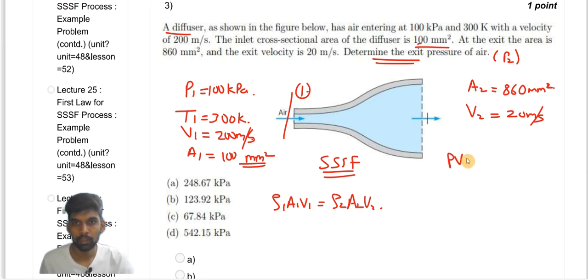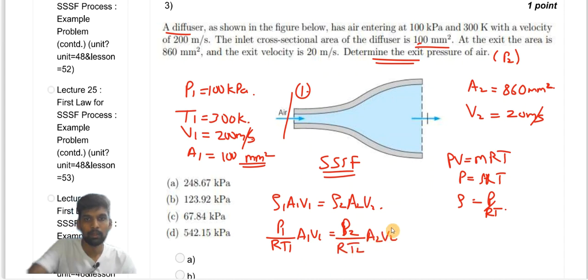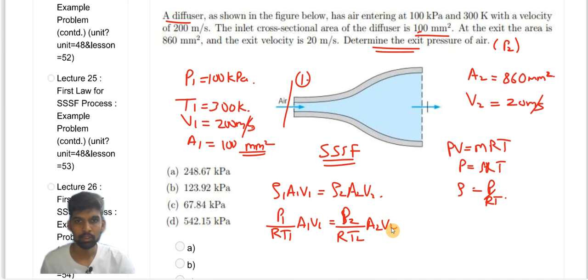Okay, so applying the ideal gas equation, we know that PV is equal to mRT, that is P is equal to rho RT, so rho is equal to P by RT. So P1 by RT1 times A1 V1 is equal to P2 by RT2 times A2 V2.